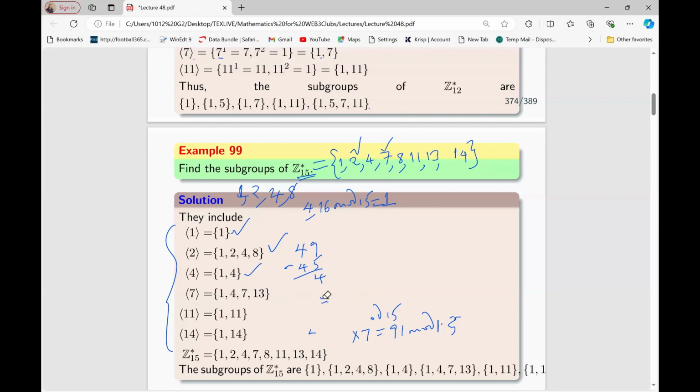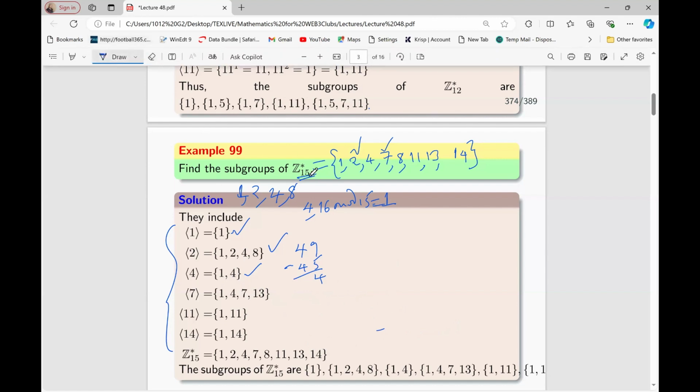Now, we are done with the 7, let's go to 11. Want to see what subgroup 11 would generate. So again, just the same procedure. 11 once is 11, and 11 twice is 121. We are doing this mod 15.